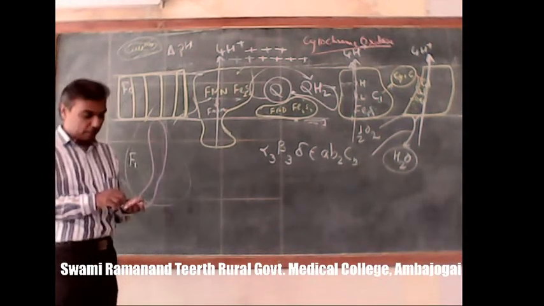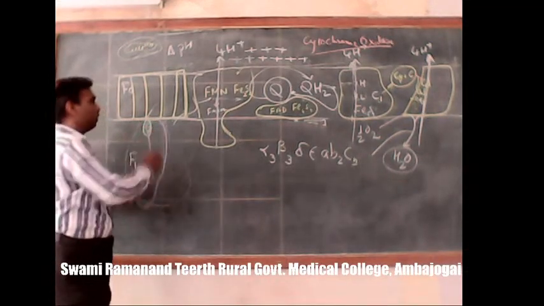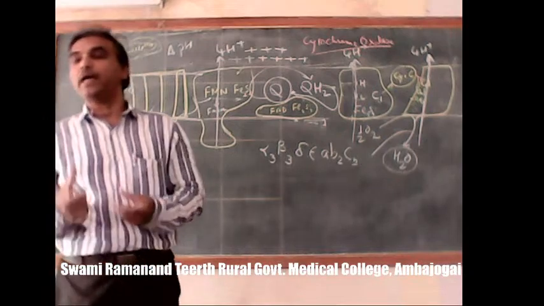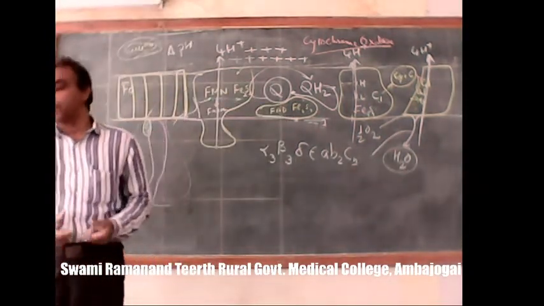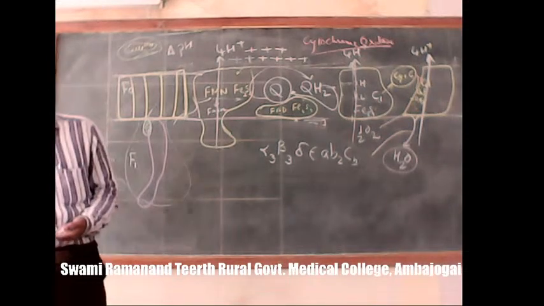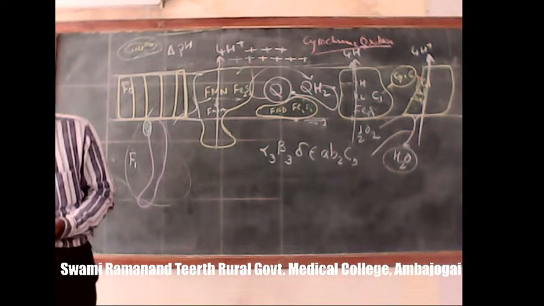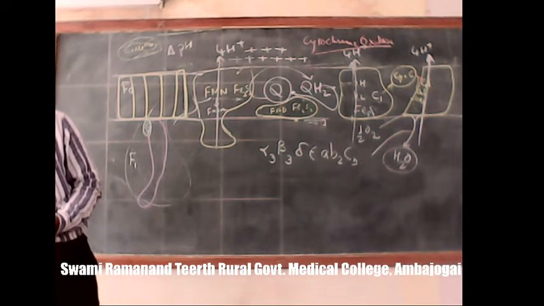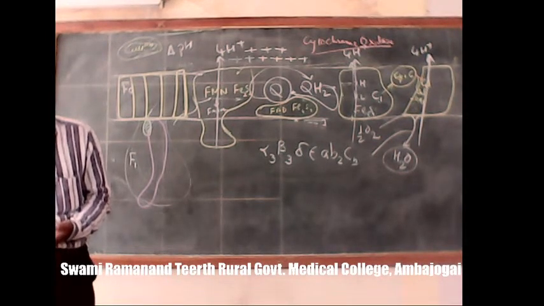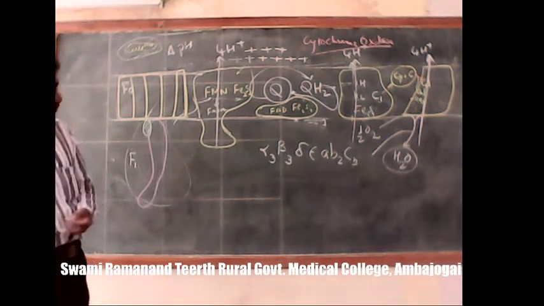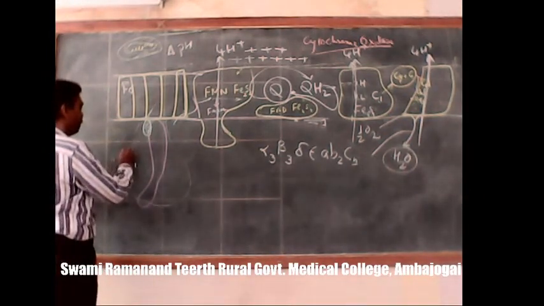Sometimes they say that there is some delta unit or epsilon unit which attaches this gamma unit to the C units of ATP synthase, plus it has 3 alpha and 3 beta units.